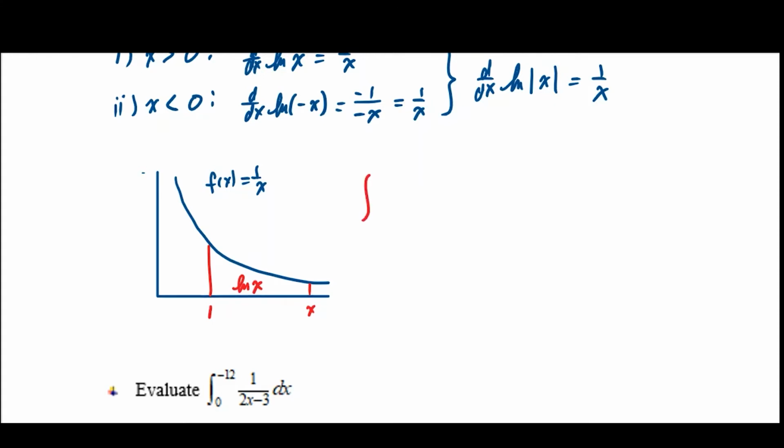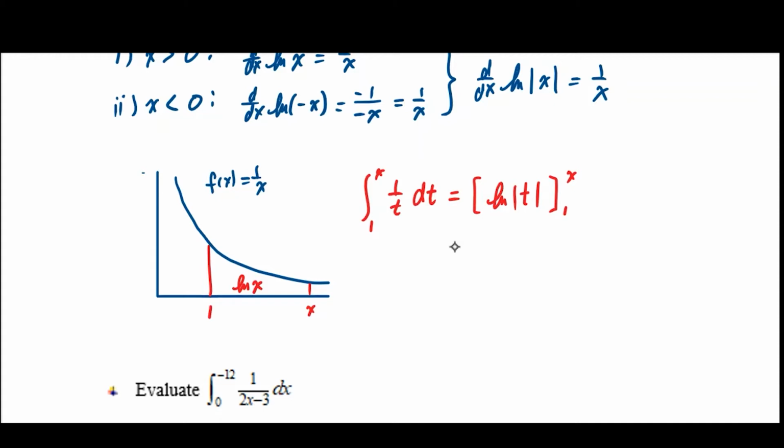Because our definition was e to the x, the derivative of e to the x was e to the x. You get it? So start from 1 to x of 1 over t dt. Remember this? Okay, what is the antiderivative of 1 over t? We just did it. ln absolute value of t from 1 to x.